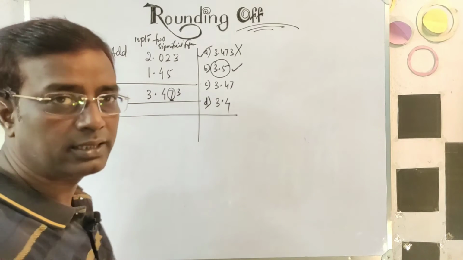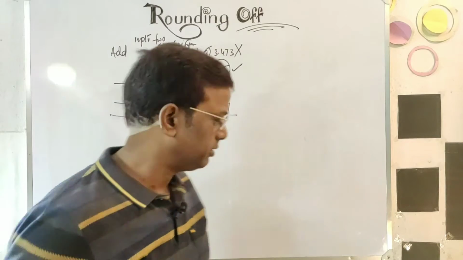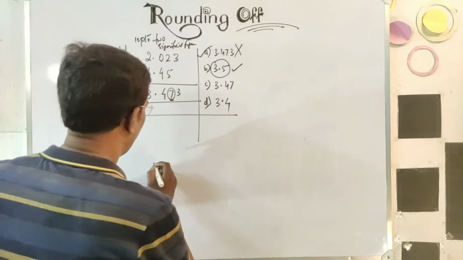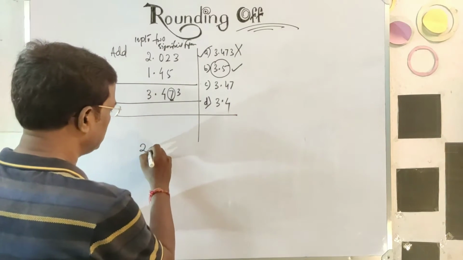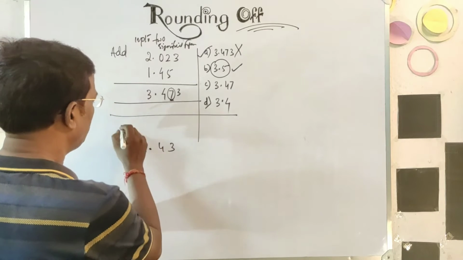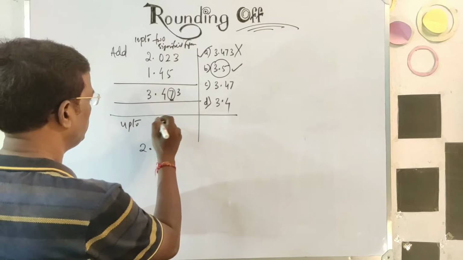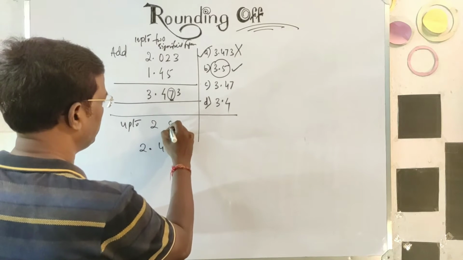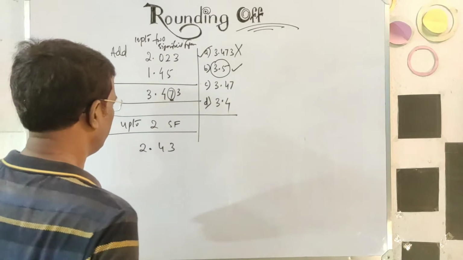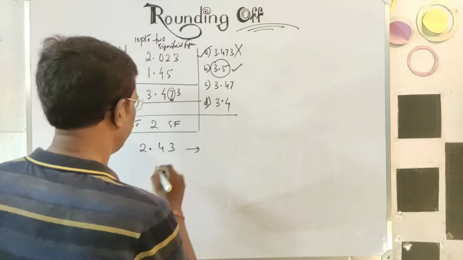Now let's take some more examples to make life very simple. Here, up to 2 significant figures we will calculate 2.43.